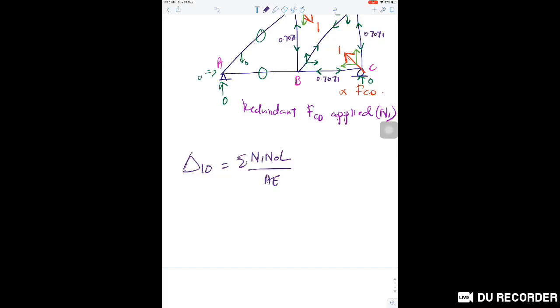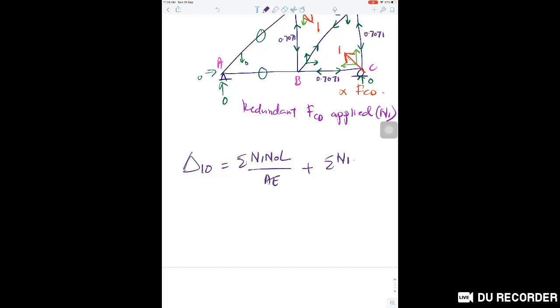Okay, if the truss has the effect of temperature, we have to consider the temperature changes in the system. So for temperature changes, N1 is remain. Okay, N1 is remain, the redundant is remain.